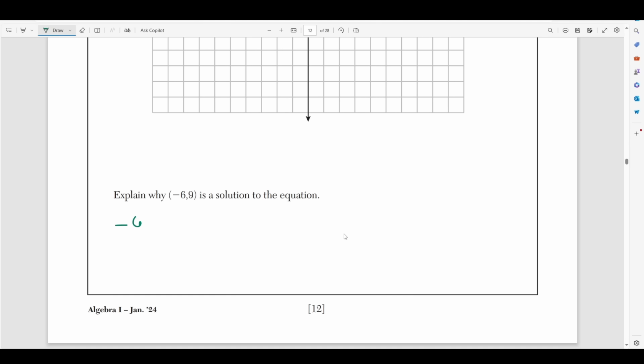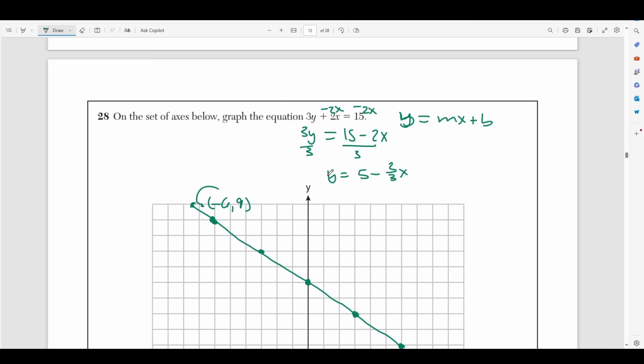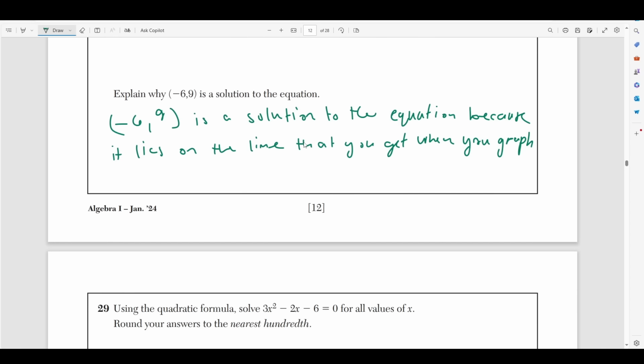So negative 6 comma 9 is a solution to the equation because it lies on the line that you get when you graph 3y plus 2x is equal to 15.